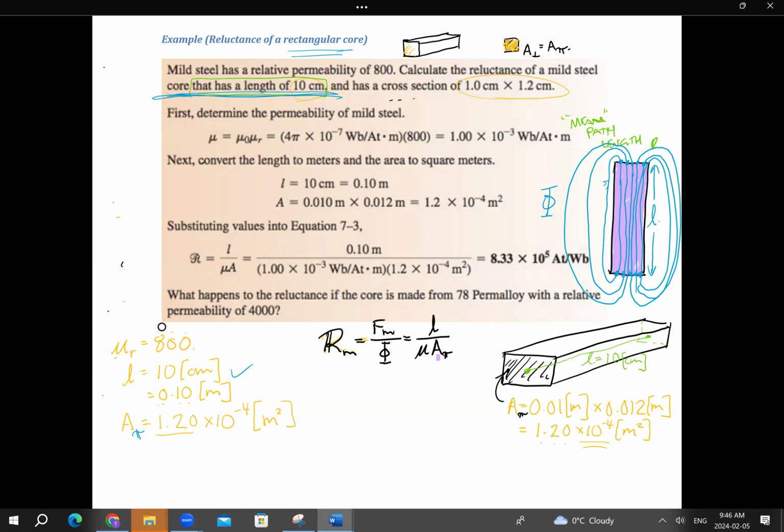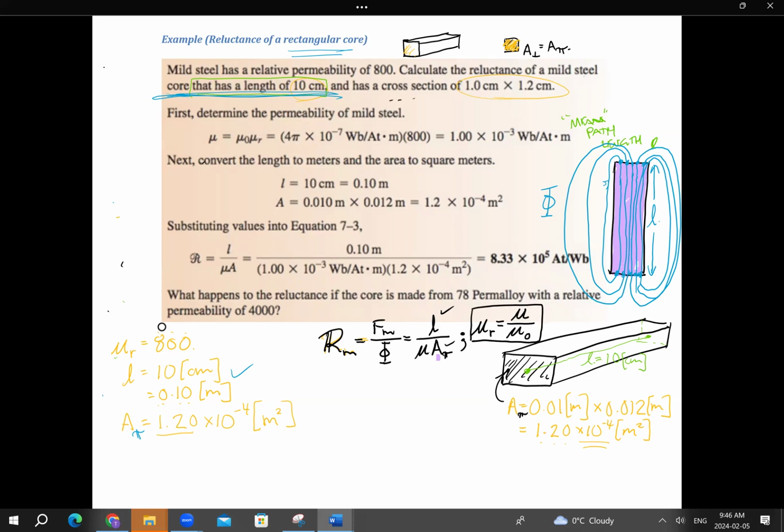And we have to just remember what permeability means. We already know length. We already know cross-sectional area. We have to remember that the relative permeability is just the material permeability itself over the permeability of free space. That's a formula we have to remember.